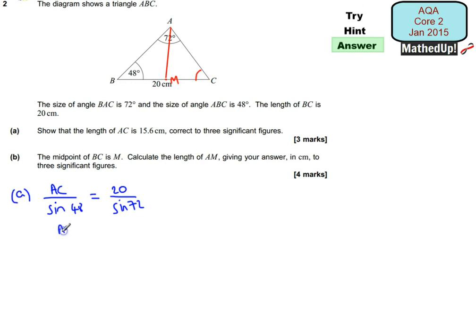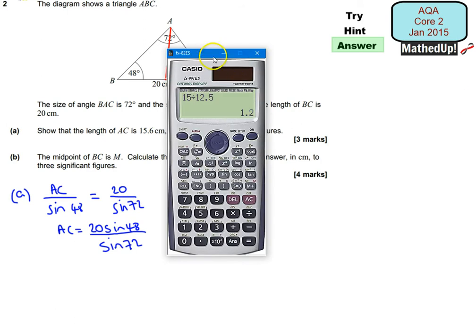So that tells me that AC is going to be equal to 20 times sine 48 divided by sine 72. And that should work out to be 15.6 centimeters to three significant figures.